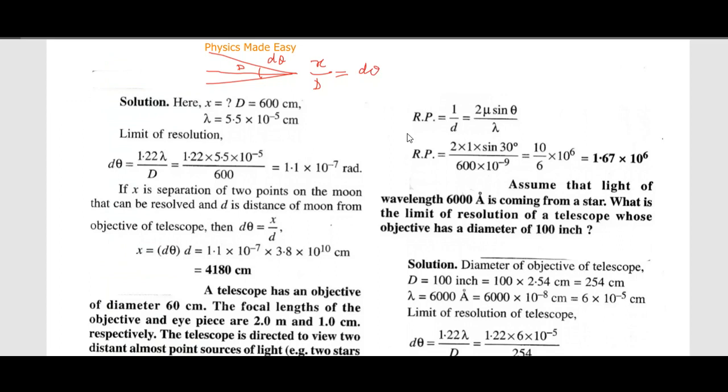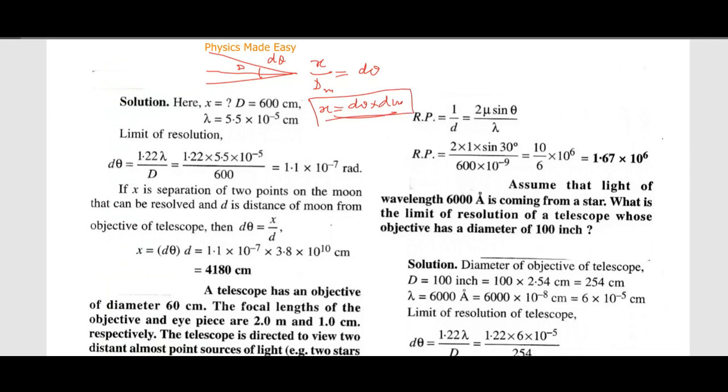This capital D is the distance from the moon. So in this case, he has asked us the linear distance dx multiplied by the distance from the moon.